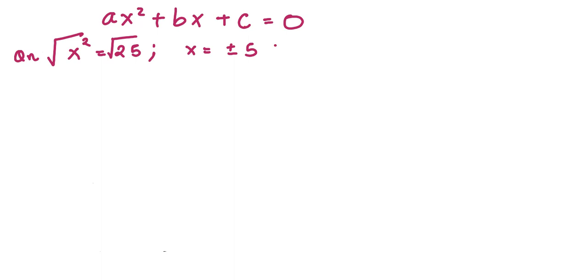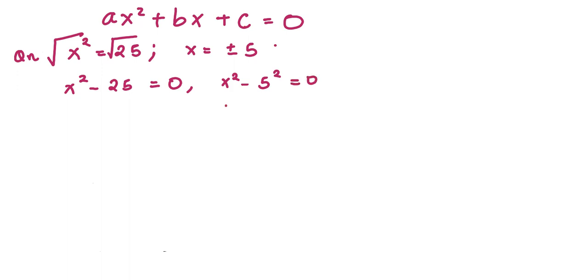So that's it. Or alternatively, you could have done it this way. You take 25 to the left side, and if you remember your IGCSE properly, if you have x squared minus 25, two terms, you need to know that actually that's a difference of two squares. So this is x squared minus 5 squared, equal to 0.